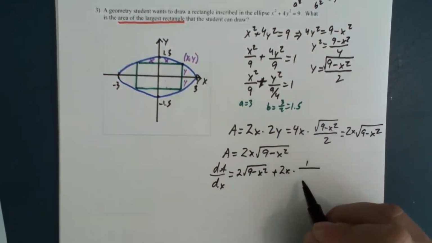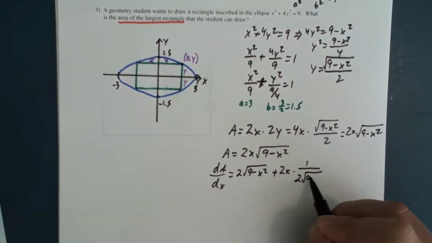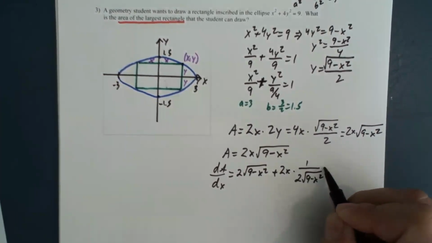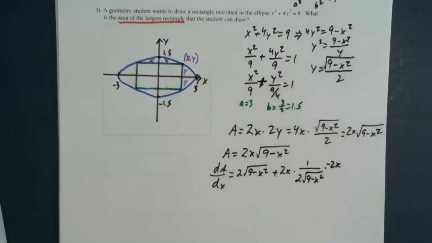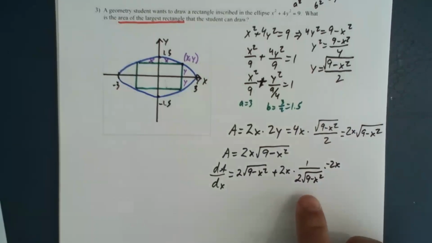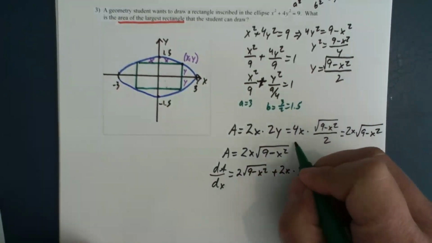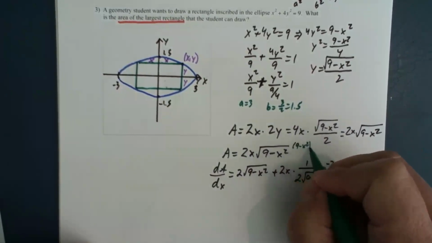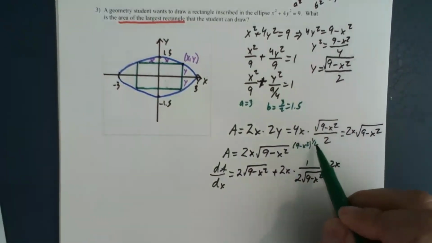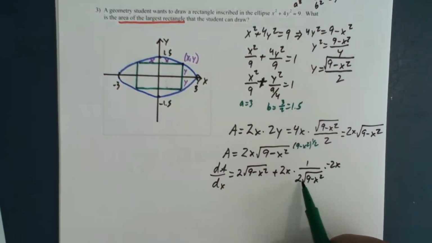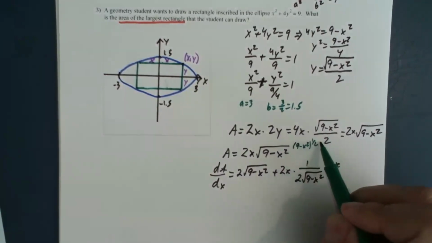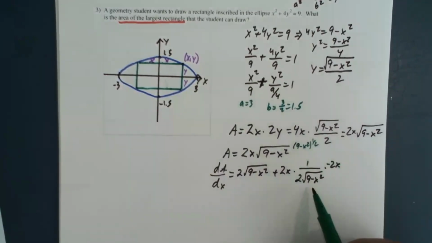This is going to be 1 over 2 times the square root of 9 minus x squared times negative 2x. Now, again, if we view this like this is 9 minus x squared to the 1/2, remember that 1/2 comes down, that's where the 2 comes from. I do 1/2 minus 1, which is negative 1/2, which means it comes down to the denominator and becomes a positive 1/2, which I translated into a radical.